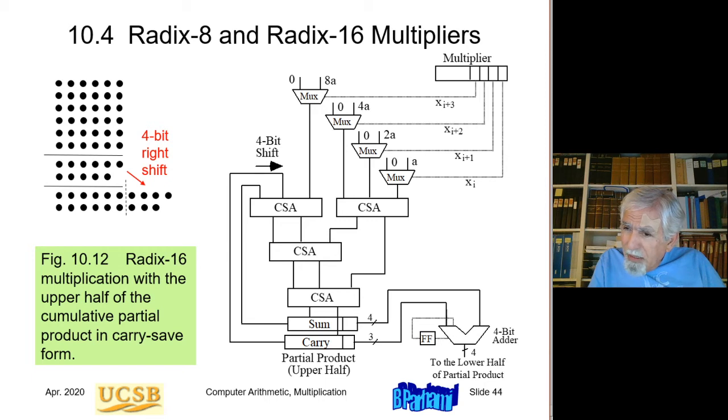On the other hand, given that the output of this adder does not undergo any additional processing, it's just stored in a register, we can pipeline this adder, make it into a 2-stage pipeline if it's not fast enough. If it turns out to be not fast enough to keep up with the speed of this part of the multiplier, we can turn this into a 2-stage pipeline so that the rate at which we can feed operands into it increases to keep up with that, if needed. If it's fast enough to keep up with this part of the circuit, then fine, we don't need to do anything extra.